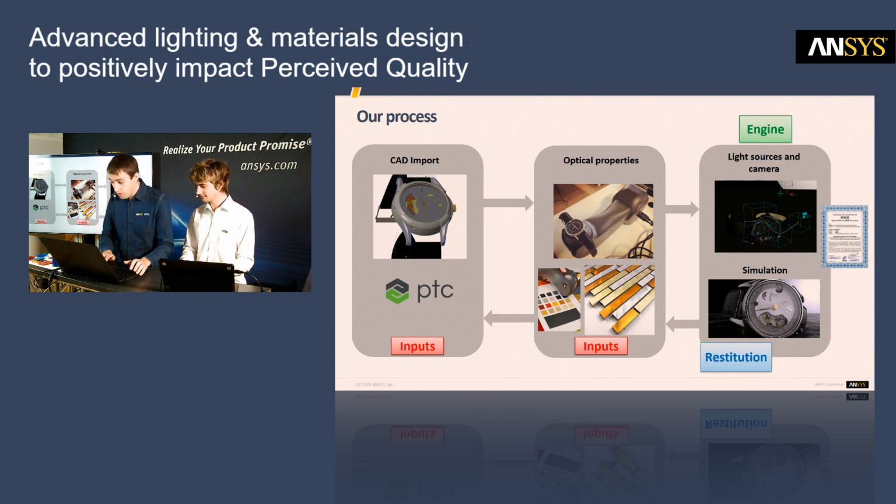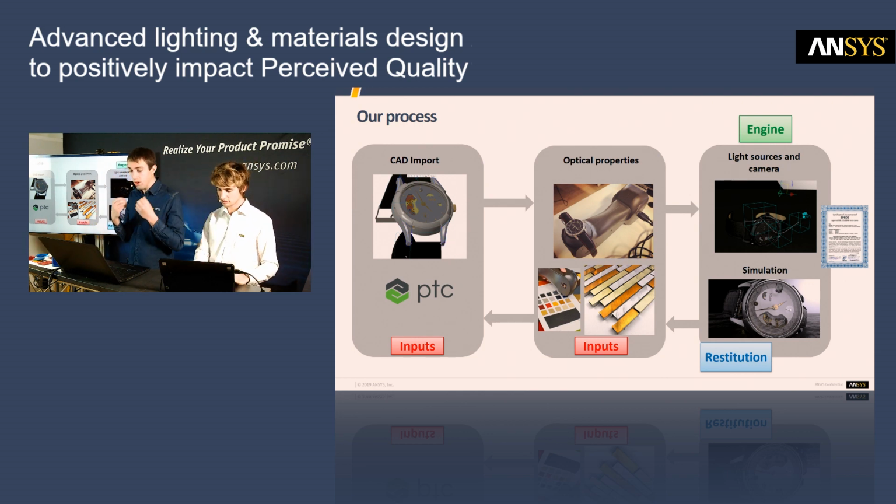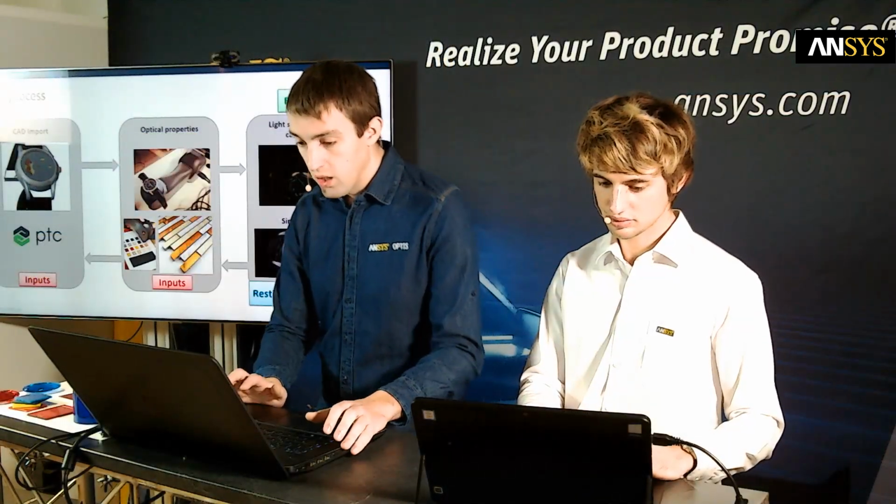Thanks, Thomas. So, as you can see through this whole workflow, there is a strong importance of the inputs. And that's actually true, because the quality of the inputs makes the quality of the simulation. So, the biggest input we've got through optical simulation is material behavior, because that's what will shape the color and energy of the light that interacts with it.